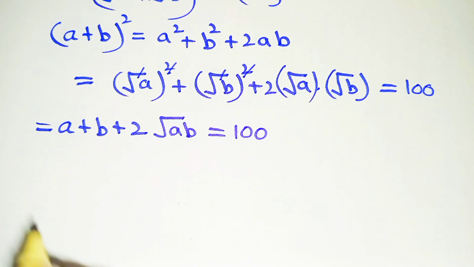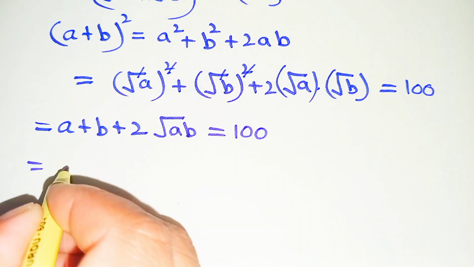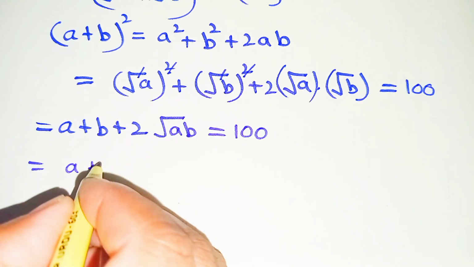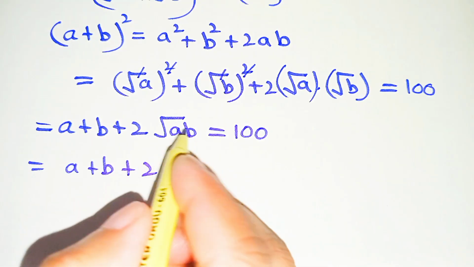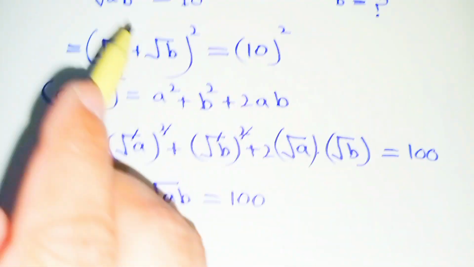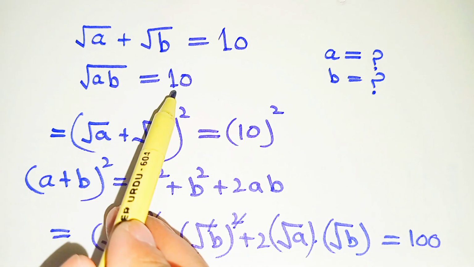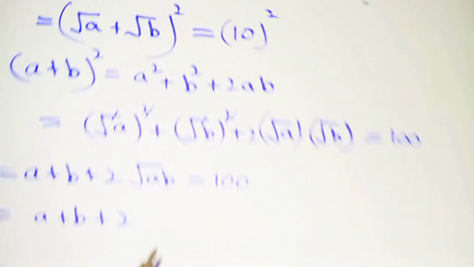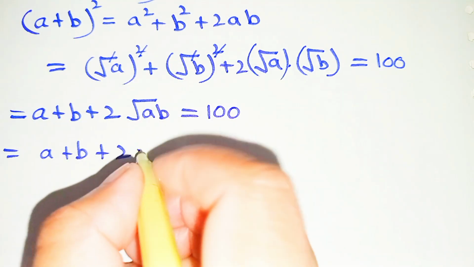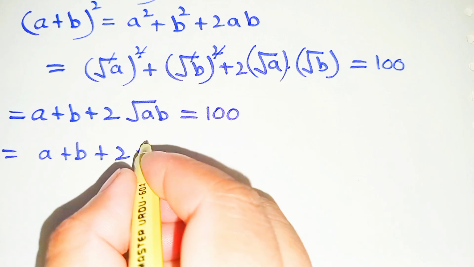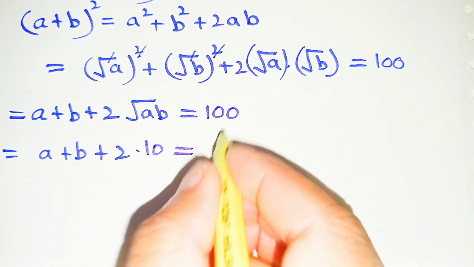So here a plus b plus 2 times square root of ab, which has the value of 10, so we put 10 times 10, is equal to 100.